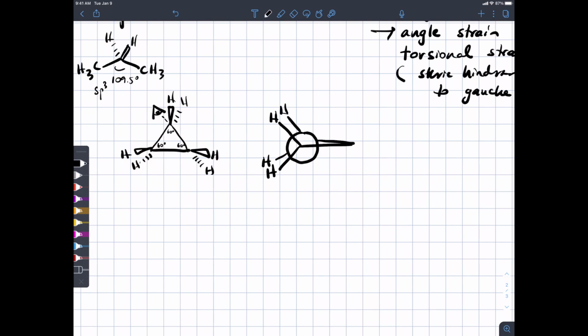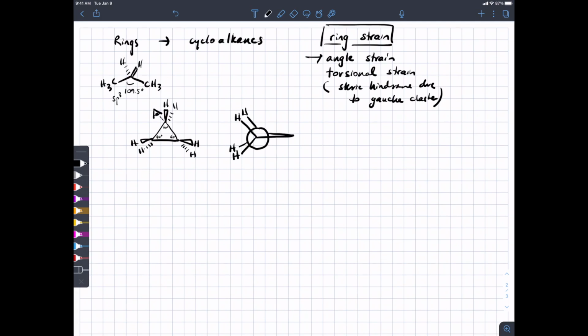In fact, you can't do anything to relieve that problem. And so that's unfavorable. Okay? This is for cyclopropane, and the high torsional strain you get just because 3 points define a plane, and there's no other way to make the shape of this molecule.